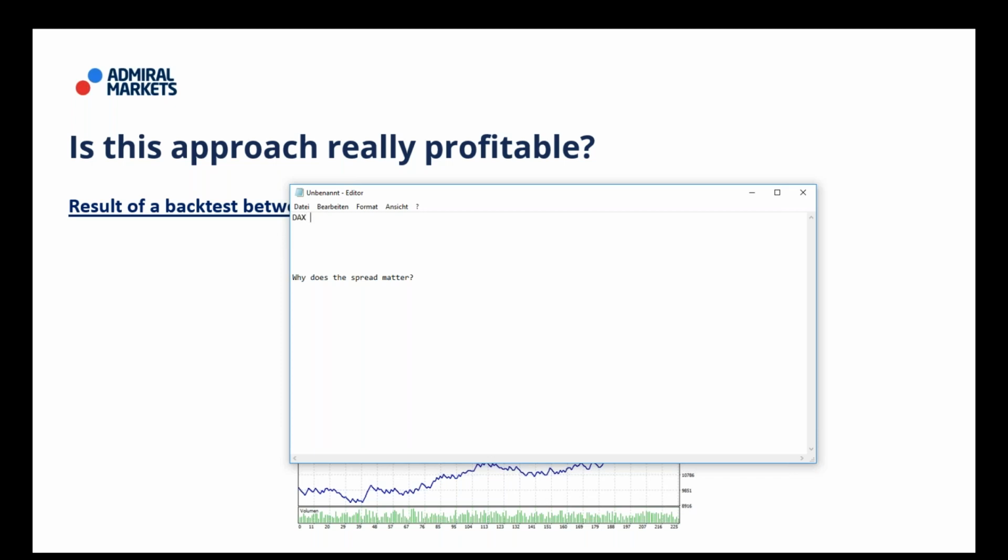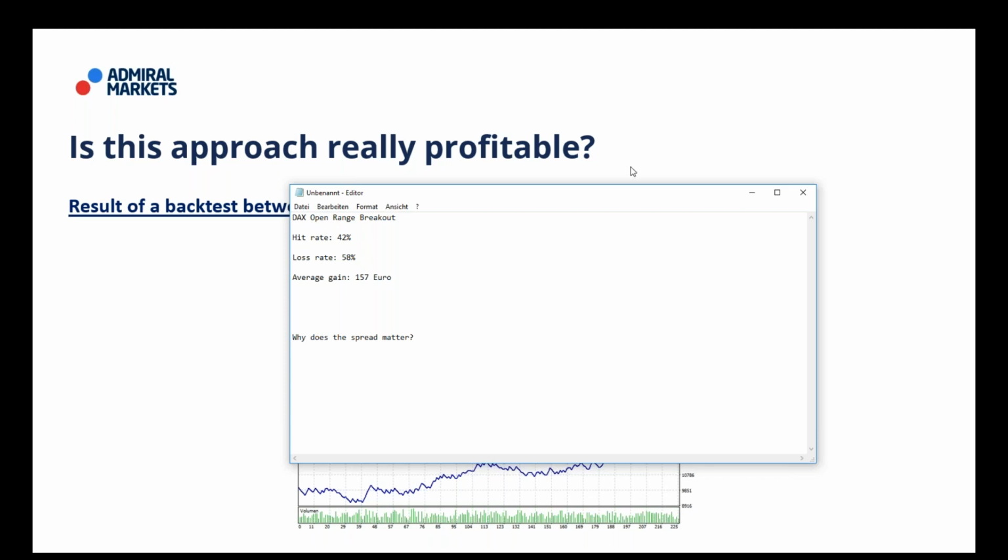So now, first of all, let's have a look here at the DAX open range breakout. We know the hit rate of our backtest was 42%, meaning that the loss rate is the opposite result, which is 58%. We know that the average gain was 157.